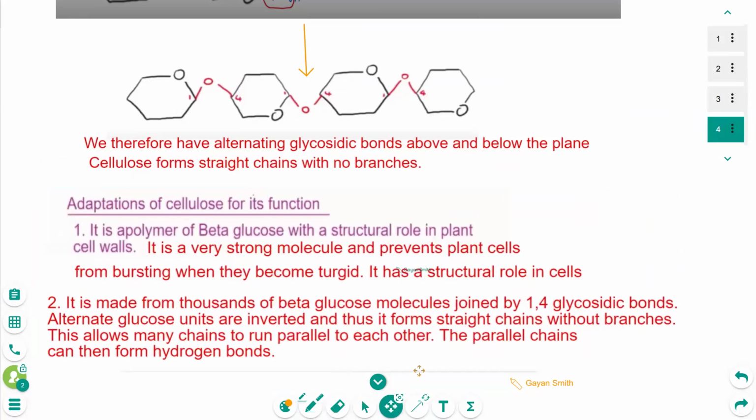It is a polymer of beta glucose with a structural role in plants, in plant cell walls. It is a very strong molecule, and so it prevents the cells from bursting when cells become turgid or swollen with water. So cellulose has a structural role in our cells.